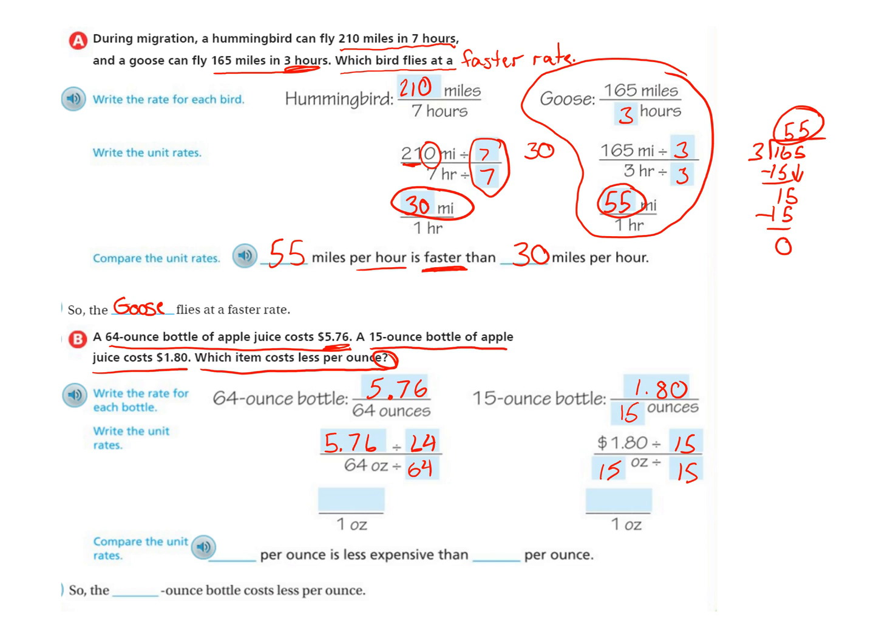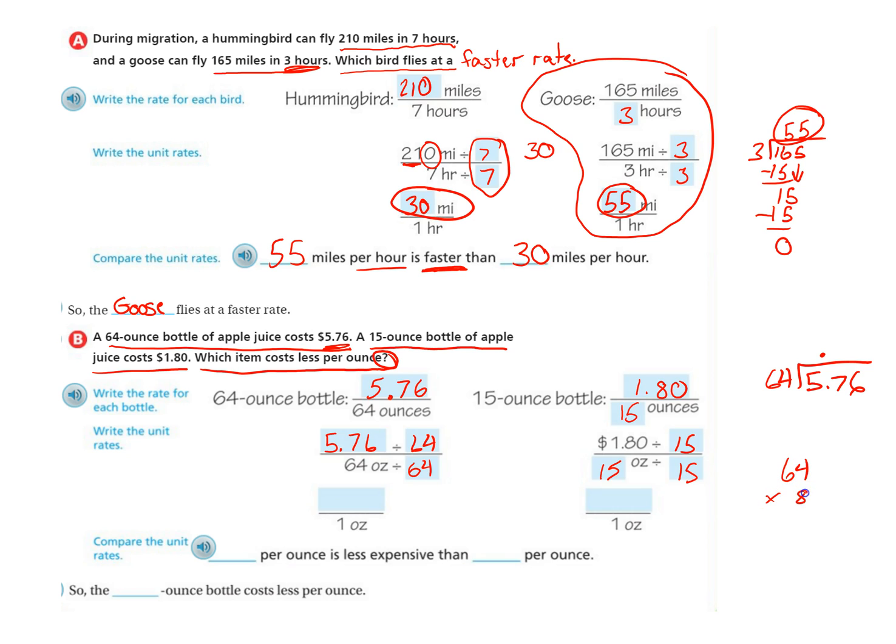Okay, so now I'm going to do that math. So I take 64 into $5.76, bring my decimal up. It's going to be about 64 times 10 would be 640. So I know it can't be 10. It's either going to be 9 or 8. I'm going to try 8 first.